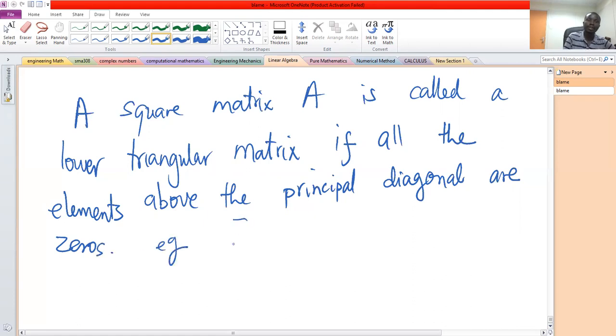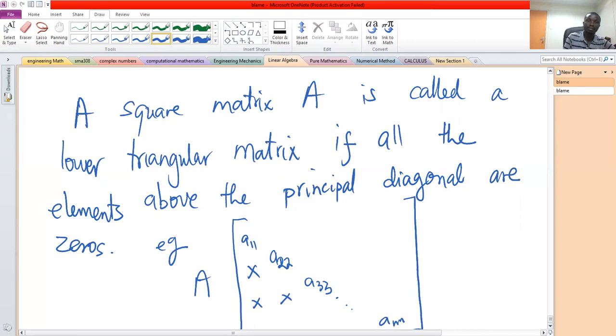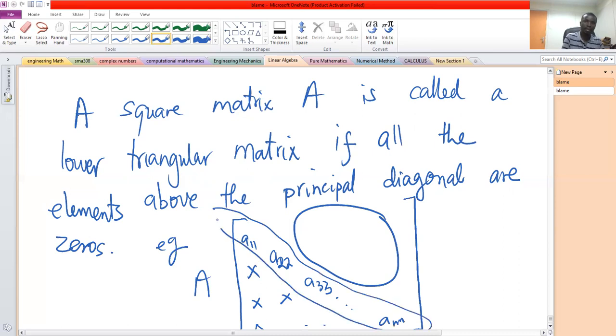E.g., if this is A, say A11, A12, A22, A33, up to Ann, so this has some elements here. If everything here is 0, when this is the main diagonal, then this is called a lower triangular matrix.